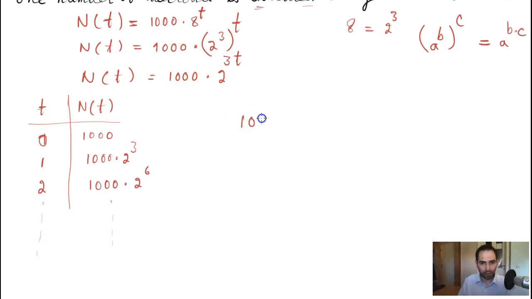Being doubled means that the function has to produce this kind of output, which means that the index of 2 is 1. So the index of 2 being 1 means that 3t is equal to 1, so t has to be equal to 1/3. So 1/3 of a second.